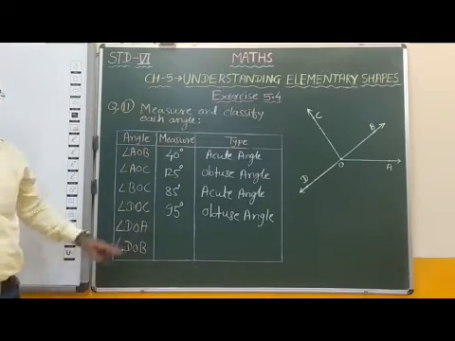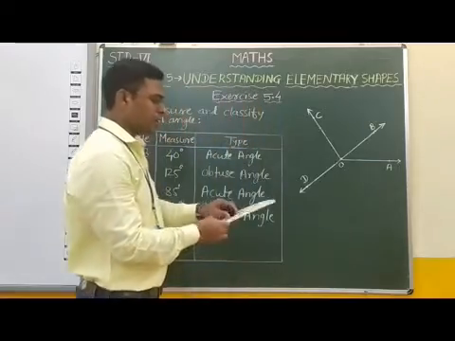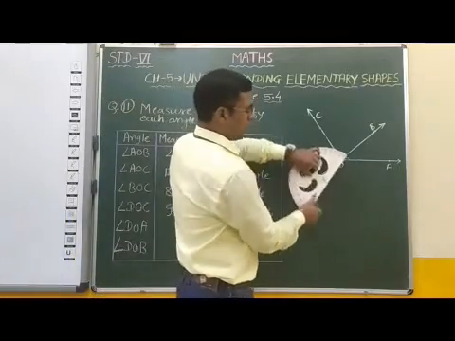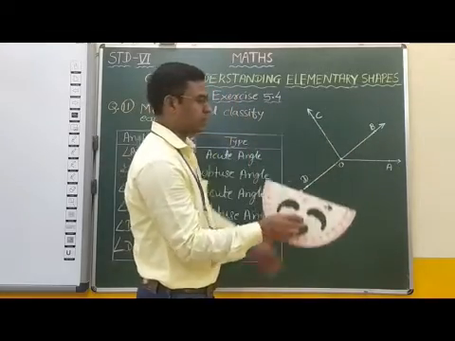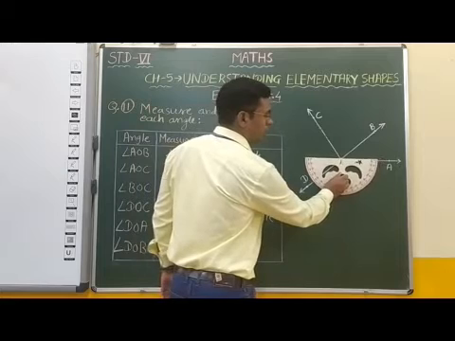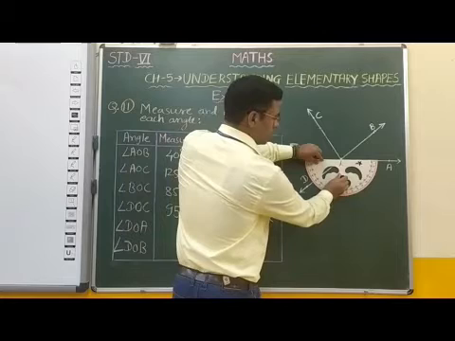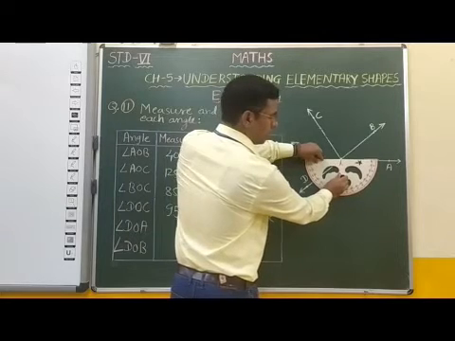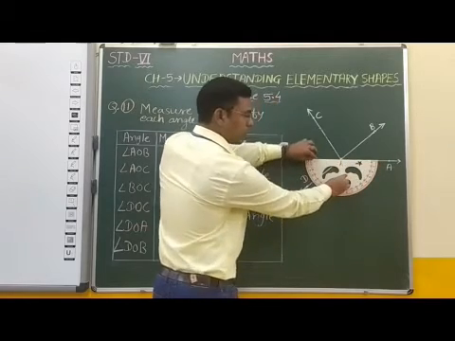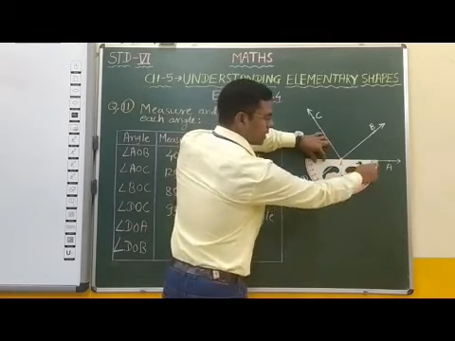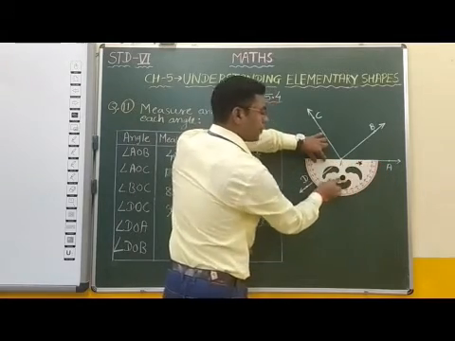Now, angle DOA, this angle DOA. Here we put the protractor like this on point O, and match this straight line with ray OA, because we have to measure angle AOD or DOA.